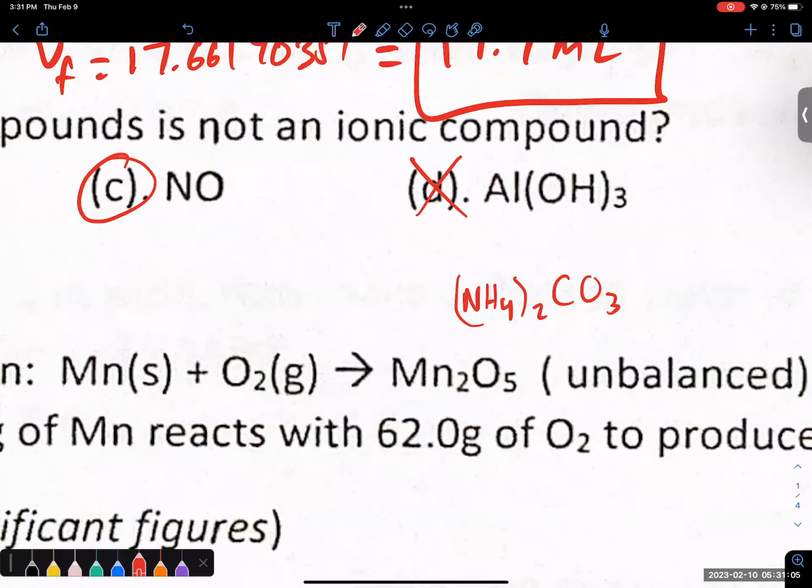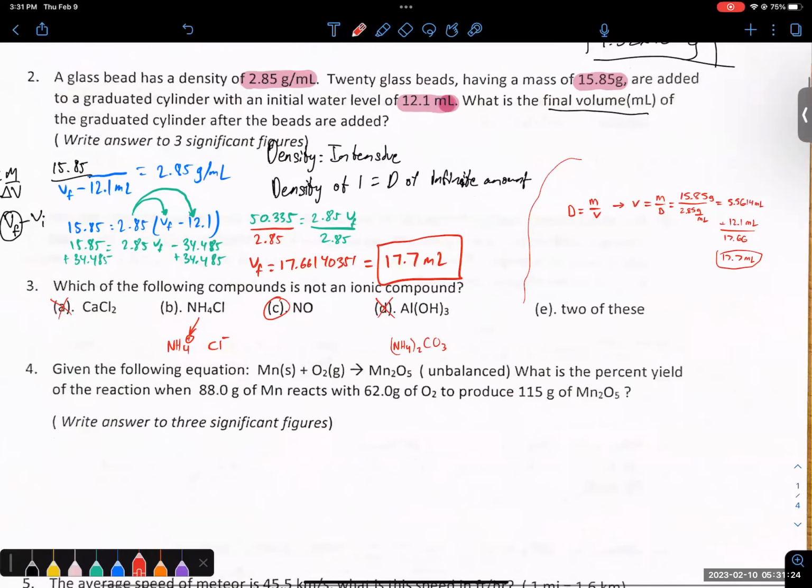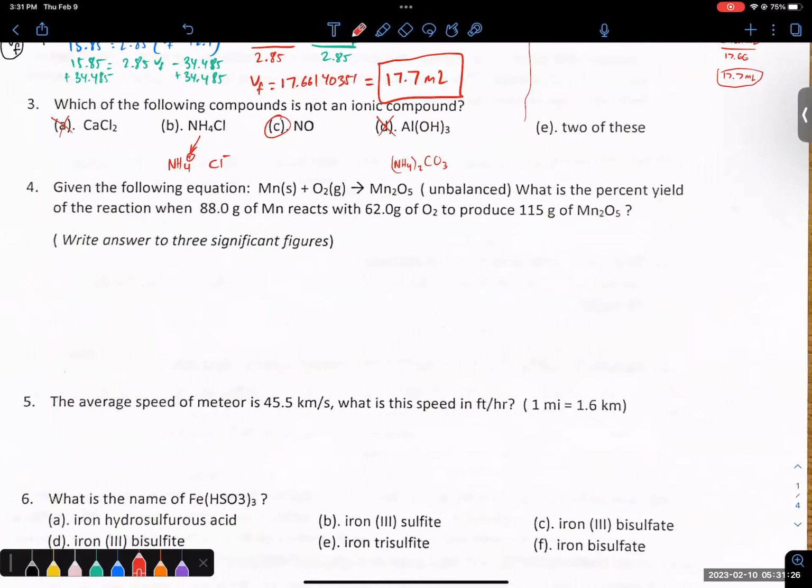This only contains non-metal atoms, but it's another example of an ionic compound composed of only non-metal elements. You have the ammonium cation and the carbonate polyatomic anion. All right, that's just another example. Any questions before Rich takes over for the next one?